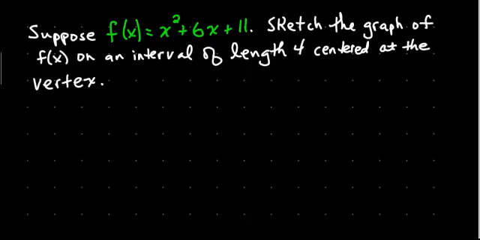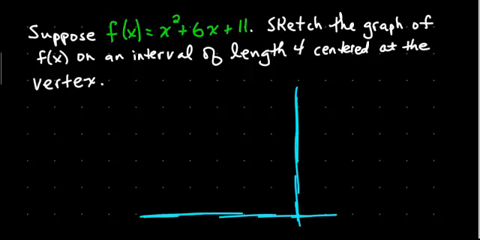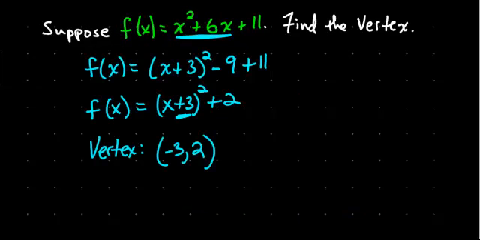Suppose f of x equals x squared plus 6x plus 11. Sketch the graph of f of x on an interval of length 4 centered at the vertex. Let's do that. I'm not going to make it all straight lines, I'm just going to be sloppy here. My vertex was at negative 3, 2.